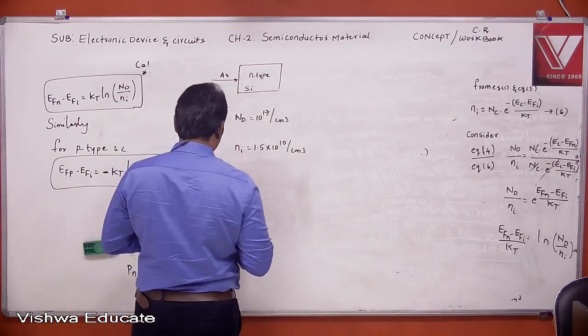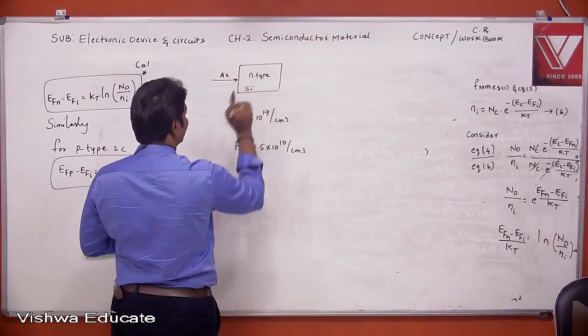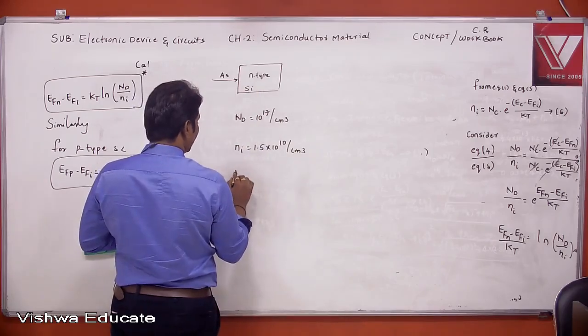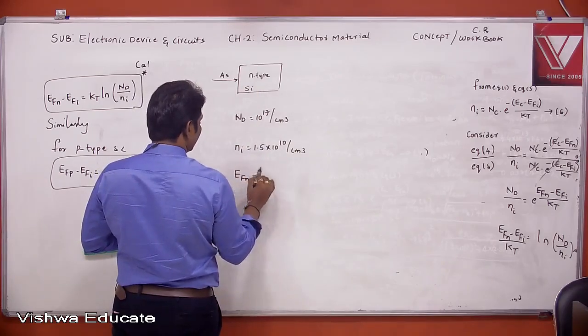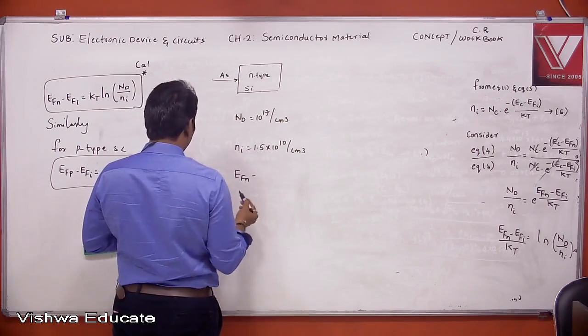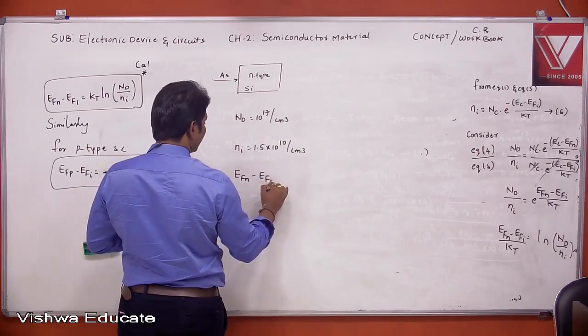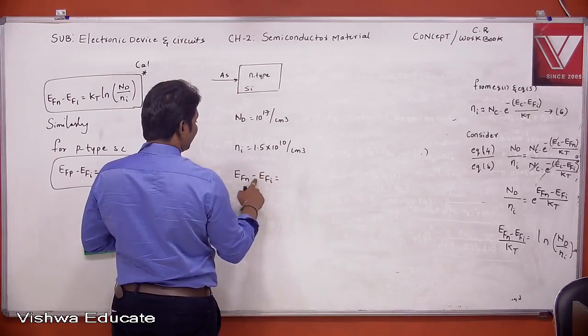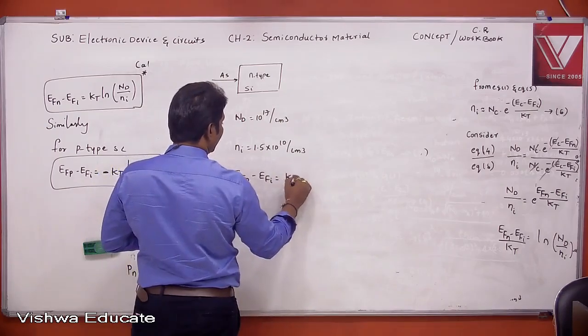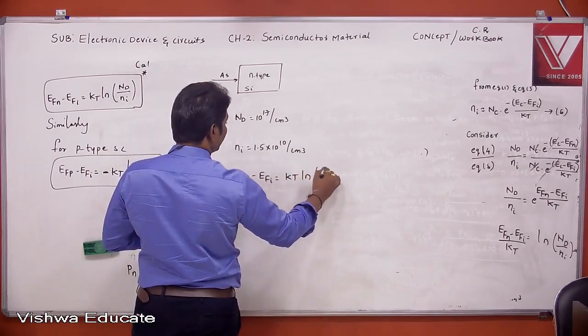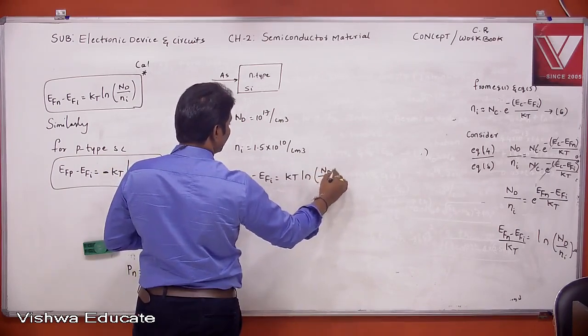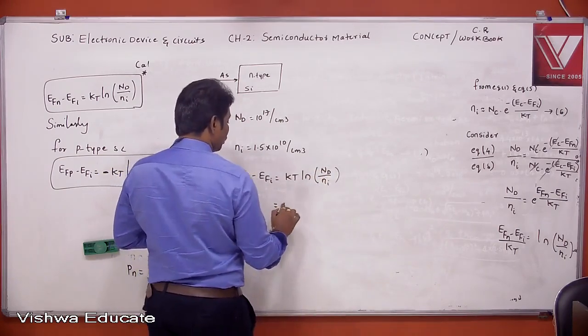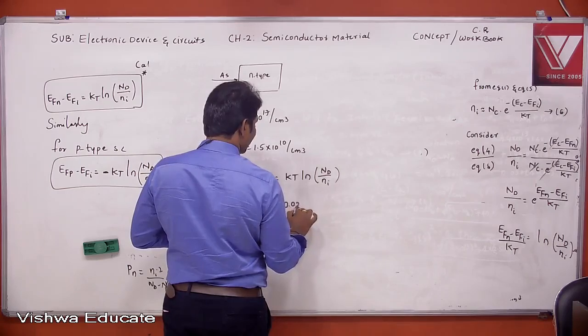Actually, what we want to calculate is the Fermi level of the doped sample. What is the doped sample? N-type. Fermi level of n-type means EFN, with respect to undoped, undoped is nothing but EFI. What is the value of EFN minus EFI? kT into ln of Nd by Ni. What is the kT value at room temperature? 0.026.